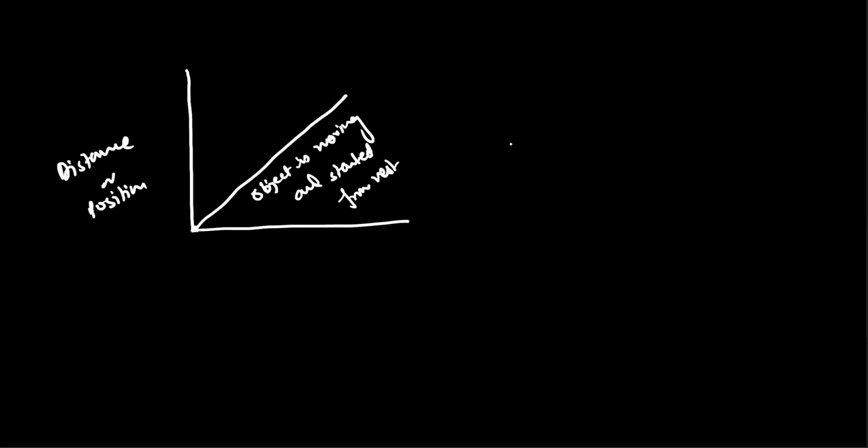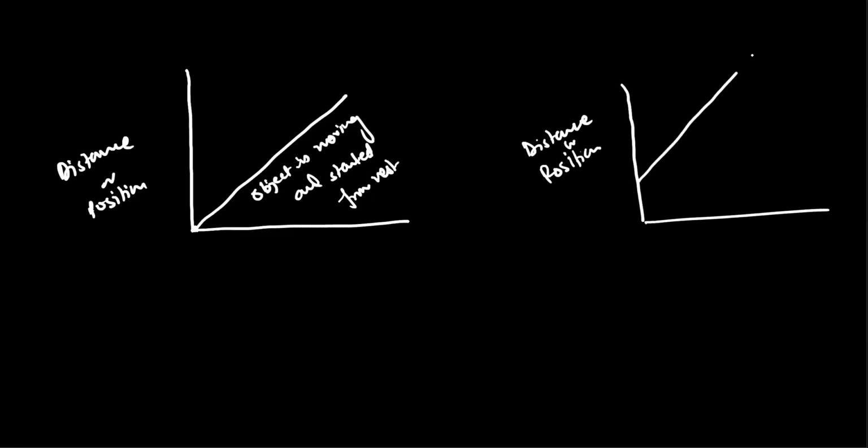And similarly, if it is a distance or position time graph and the graph is like this, we say that the object is not stationary.